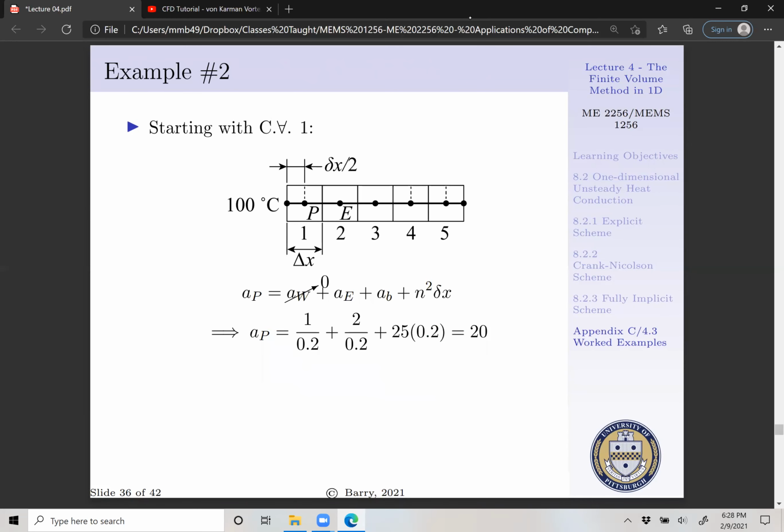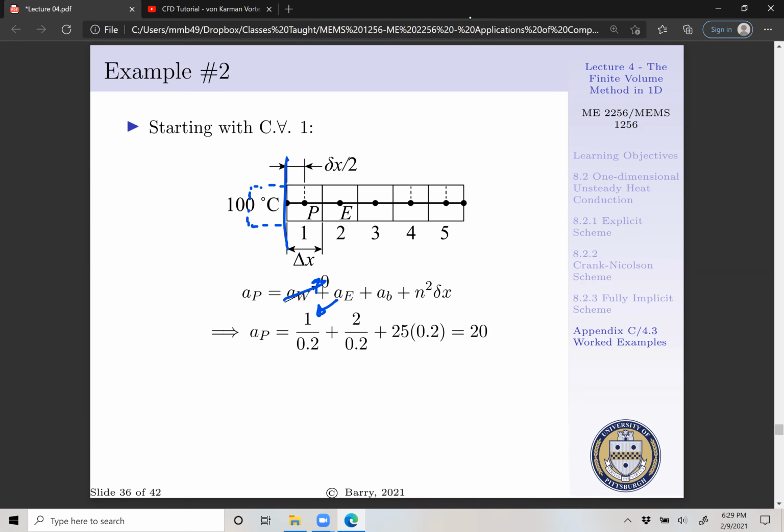So for our first control volume, we have 100 degrees centigrade Dirichlet boundary condition. We don't have a western cell, that's 0. So we have A east plus A boundary plus n squared delta x. So A east was 1 per delta x. Since this was a meter long domain, we have 5 control volumes, that's a 0.2.